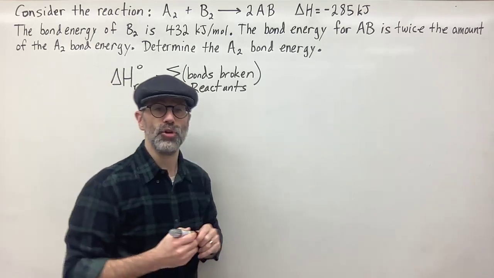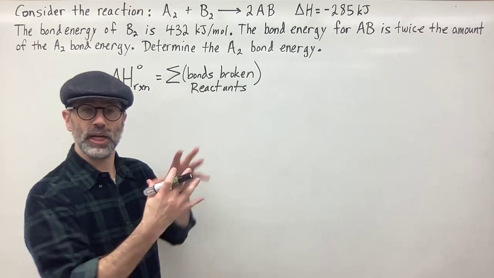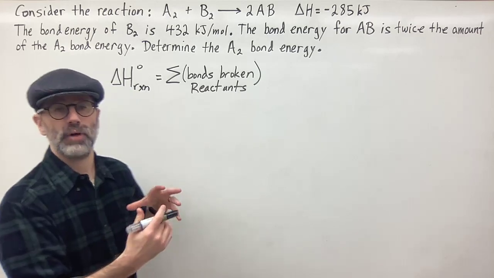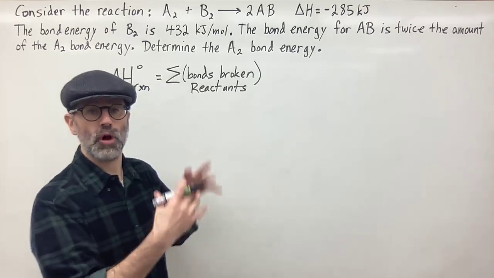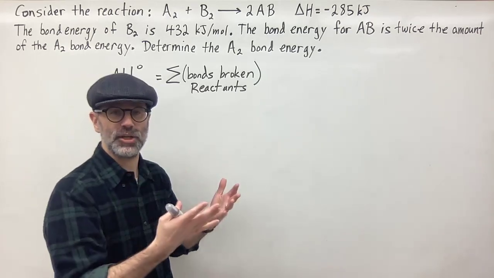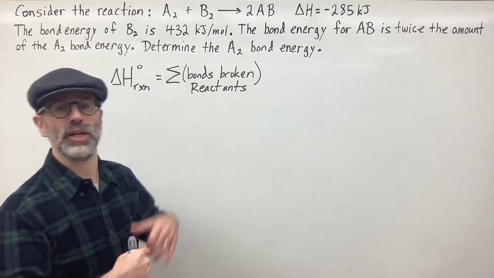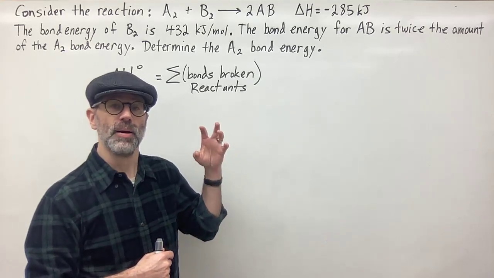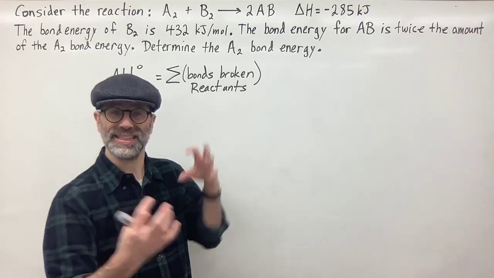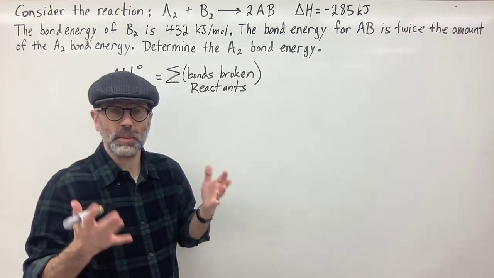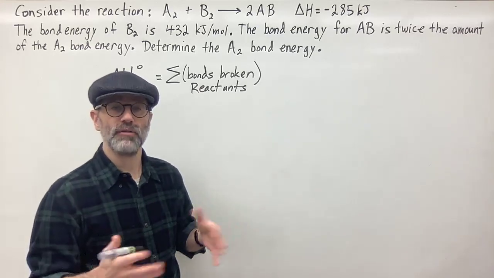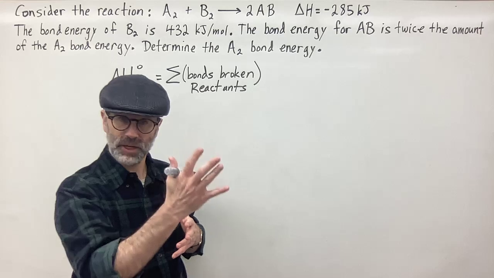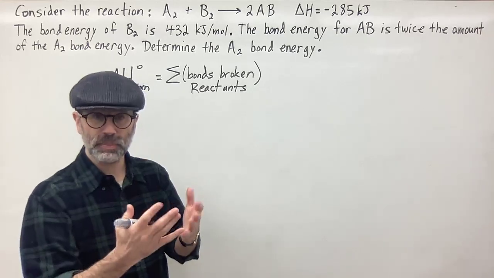And then you're going to form new bonds, right? When you form bonds, that's going to release energy. So when you look up the bond energies of the bonds you're going to be putting together, they're going to be positive. But remember, this is going to be a release of energy, an exothermic process.